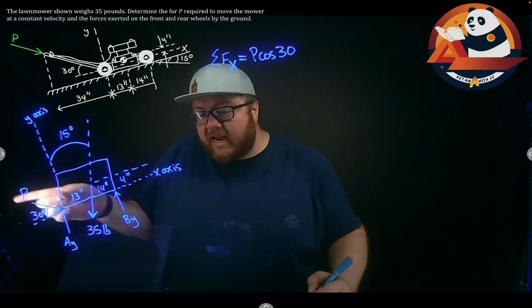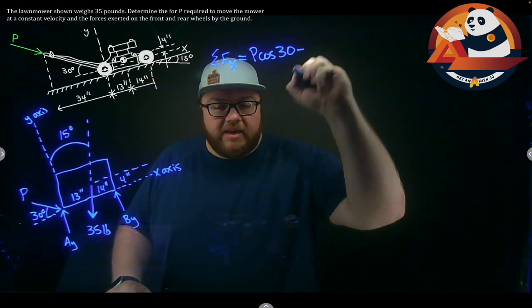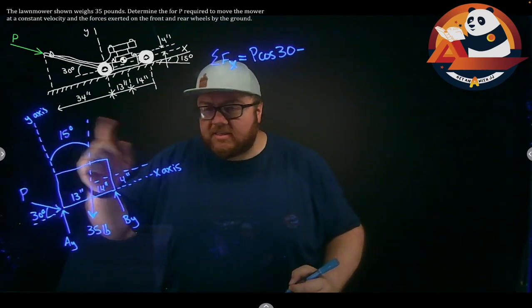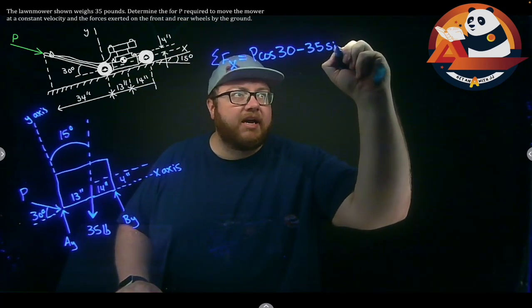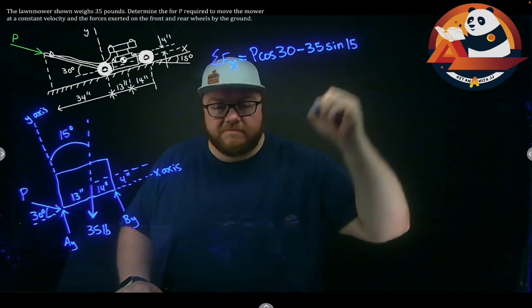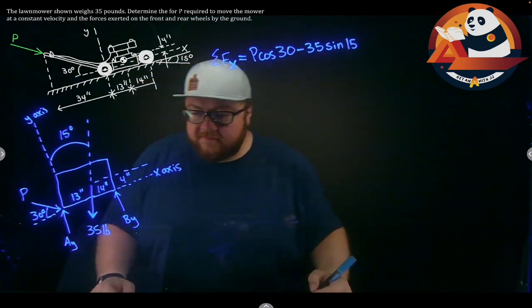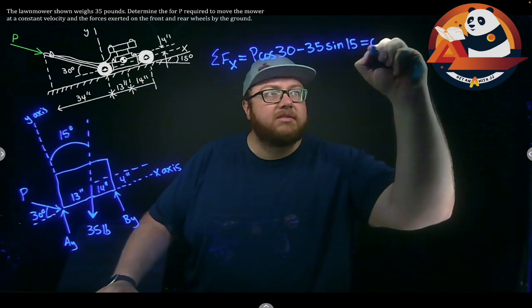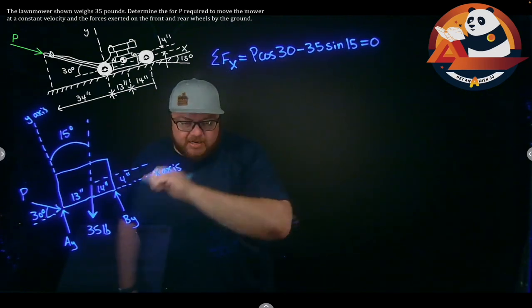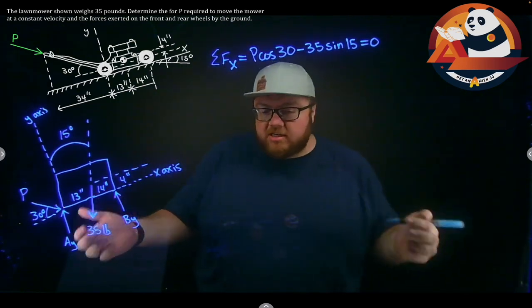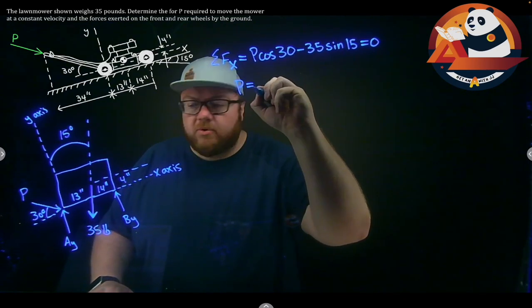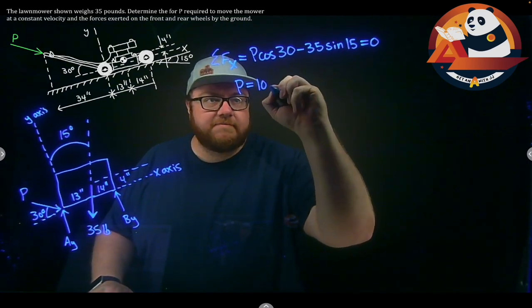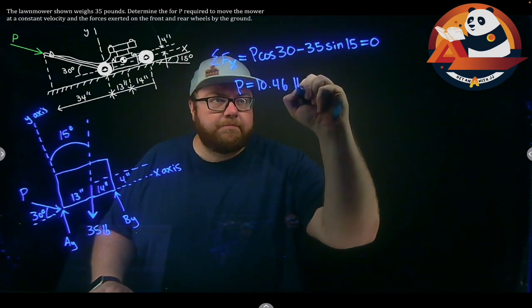When it's pointing in the negative x direction, so minus 35 sine 15 equals 0. And for that force to be moving at a constant velocity, that works out to be that P equals 10.46 pounds.